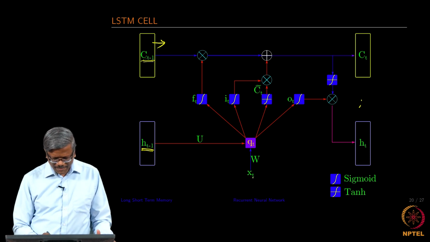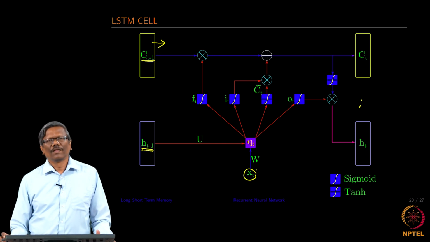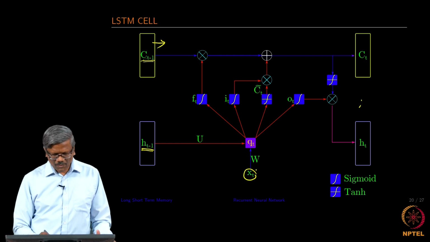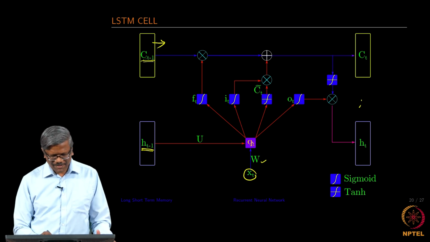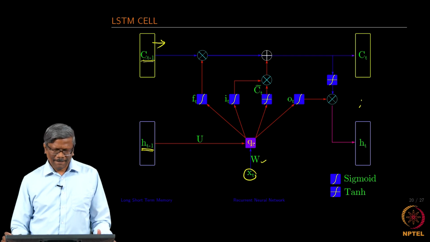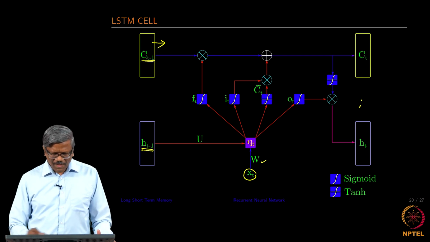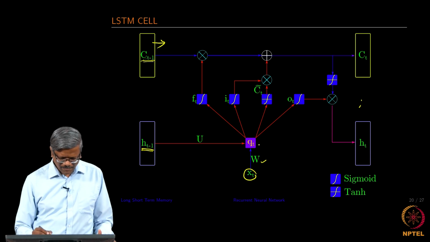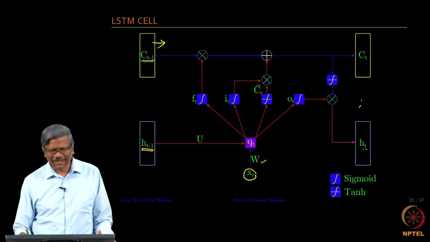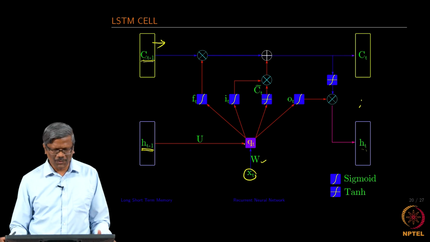It connects the input through the matrix W or the weight vector W. Let us call it QT. This is our HT, right. Since we are going to have something else here, I am just calling it QT.